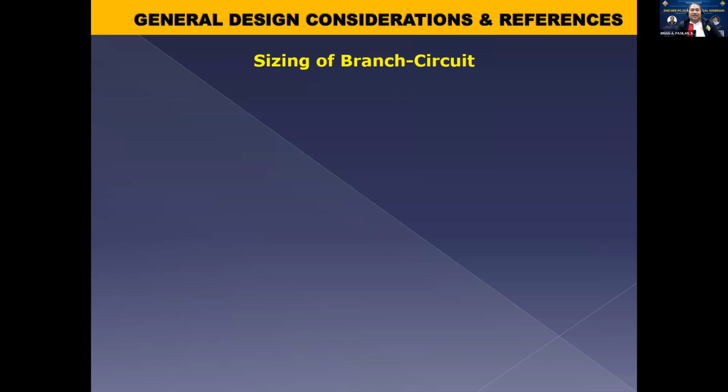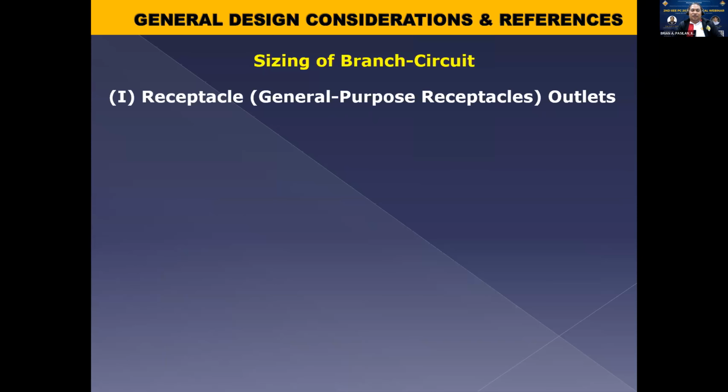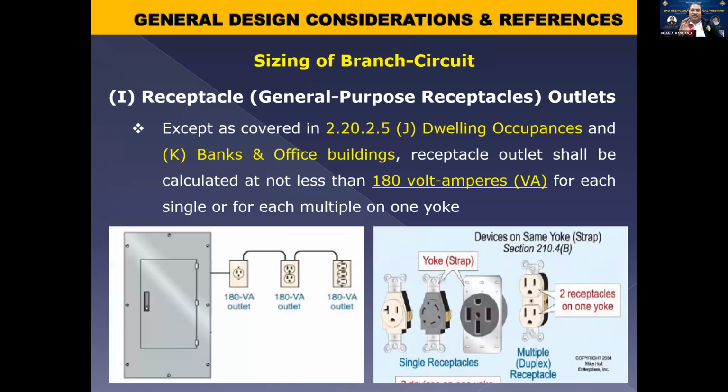Okay. Sige, meron tayong dapat din malaman na limitations for convenience outlets or yung mga GPRs natin. For banks and office buildings, ito yung dapat natin isaalang-alang: each outlet should not be less than 180 volt amperes.